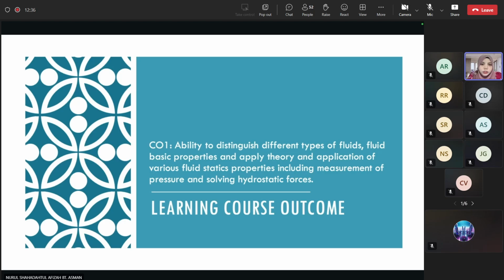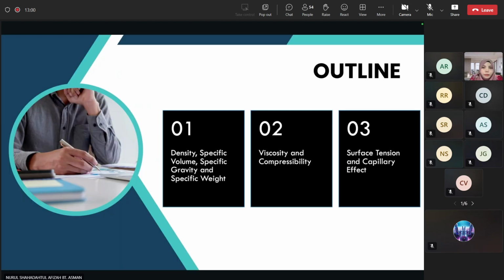You will learn the course outcome, which is the ability to distinguish different types of fluids, different basic properties, and apply theory and application of various fluid static properties, including measurement of pressure and solving hydrostatic pressure. This is where you apply calculations to solve problems.